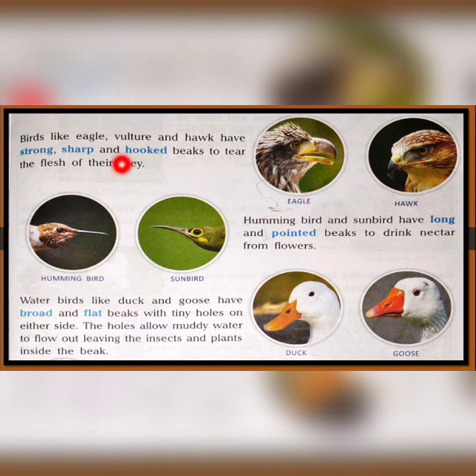So they have strong, sharp and hooked beaks so that they can tear the flesh of their prey. Hummingbird and sunbird have long and pointed beaks to drink nectar from flowers. And water birds have broad and flat beaks with two tiny holes on either side.